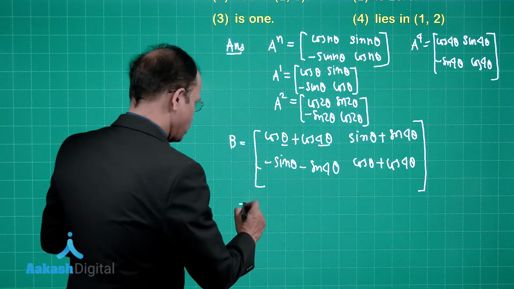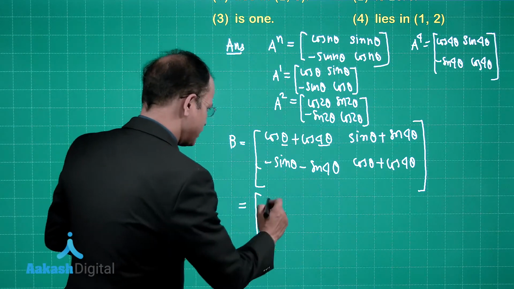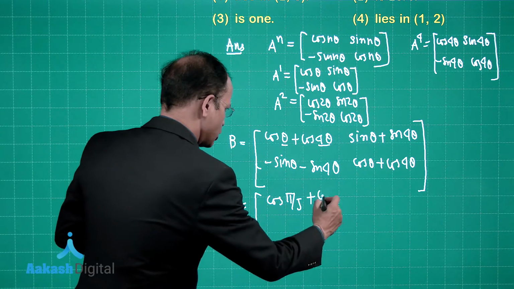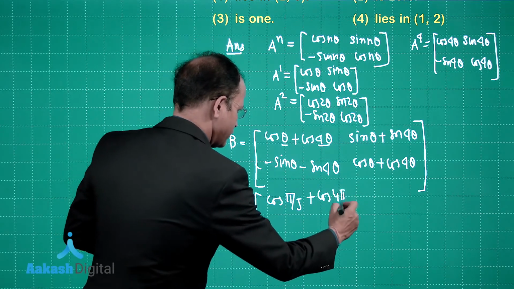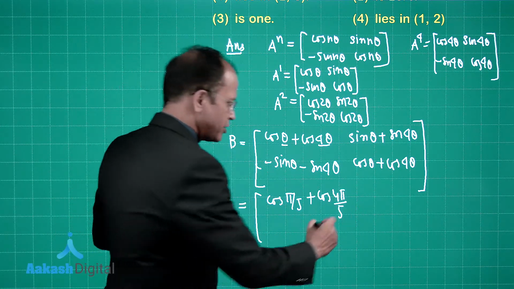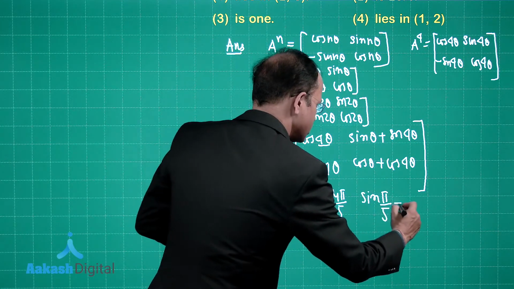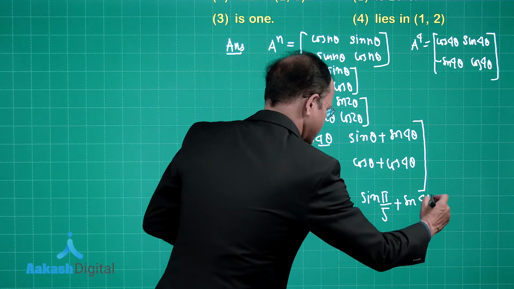So if I talk about pi by 5, we can write it as cos pi by 5 plus cos 4 pi by 5, right? And we can write sin pi by 5 plus sin 4 pi by 5.